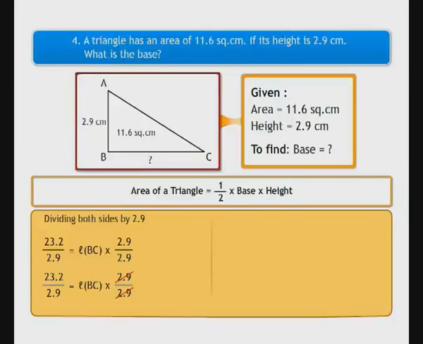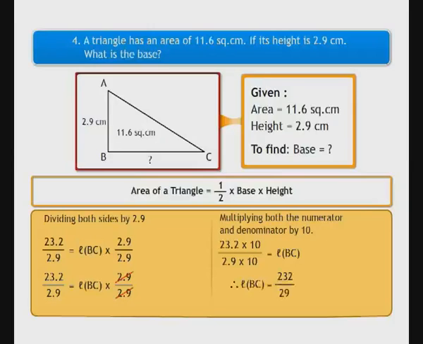By substituting, we get area of an equilateral triangle is equal to square root of 3 by 4 into 12 the whole square, which is equal to square root of 3 by 4 into 12 into 12. By reducing, we get 36 square root 3 square centimeter. Therefore, the area of the equilateral triangle ABC is 36 square root 3 square centimeter.